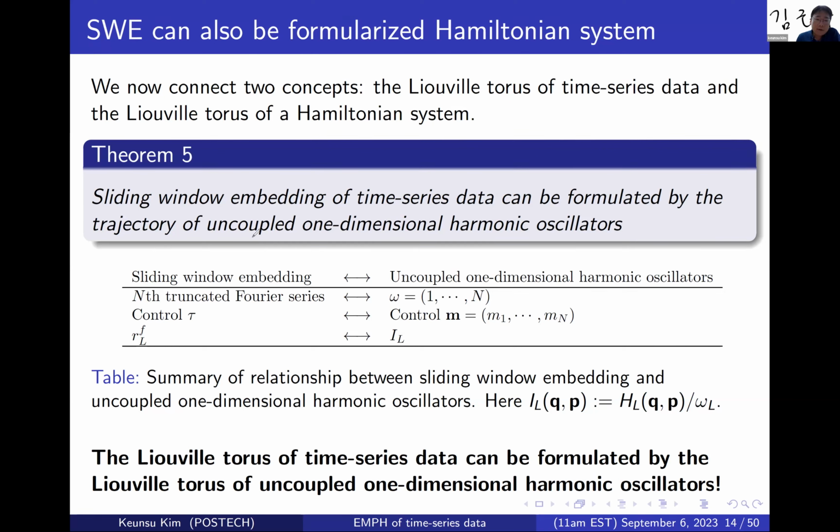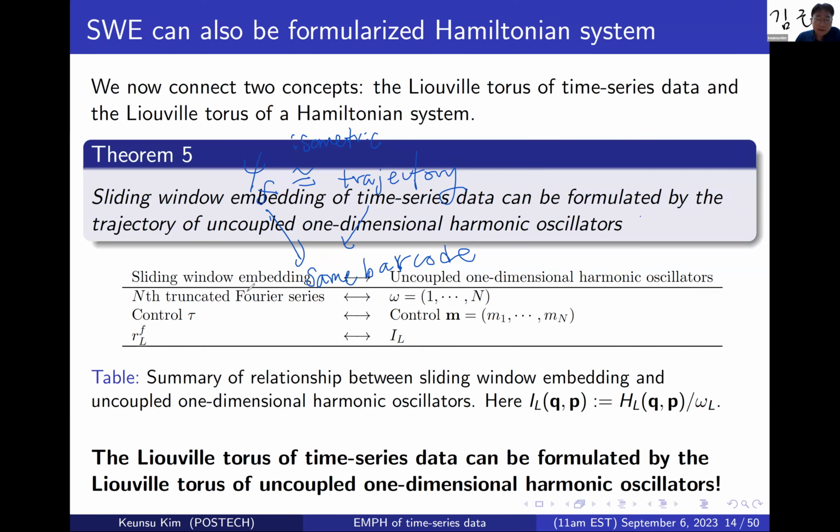More precisely, we proved the sliding window embedding image is isometric to the trajectory, in the sense of the Vietoris-Rips complex. So in the barcode sense, we have the same barcode. This is the meaning of can be formulated by the trajectory of an uncoupled one-dimensional harmonic oscillator.